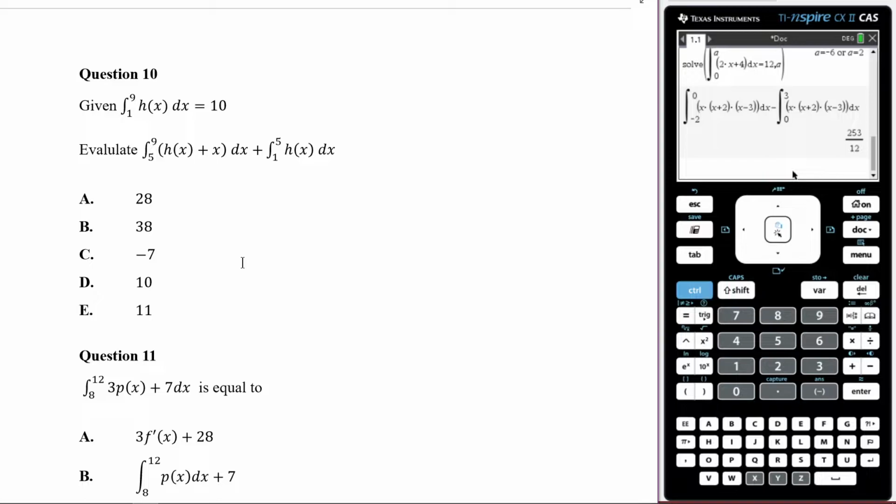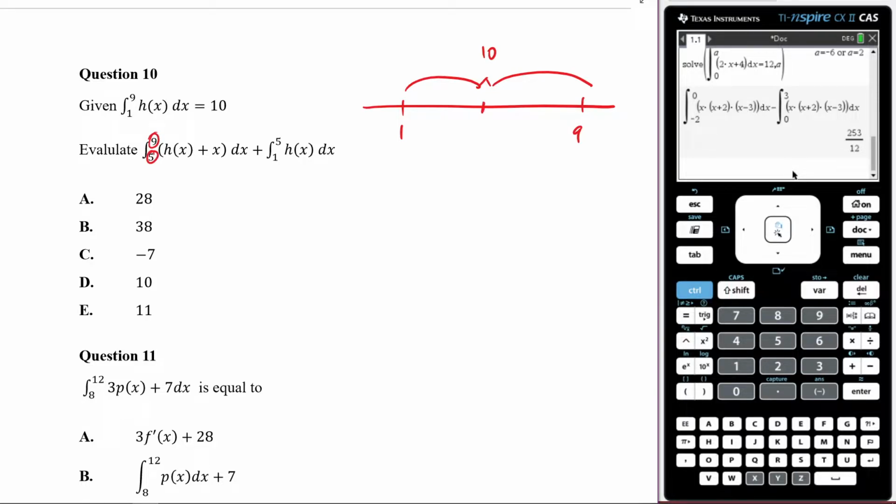All right, what is happening here? We're given the integral from 9 to 1 is equal to 10. And then we've now got 9 to 5 and we've got 5 to 1. What I always like to do in these situations is draw myself a number line. And I know that from 1 to 9, all of that is going to be 10. And then once I've got that information, do you see how I'm going from 9 to 5?